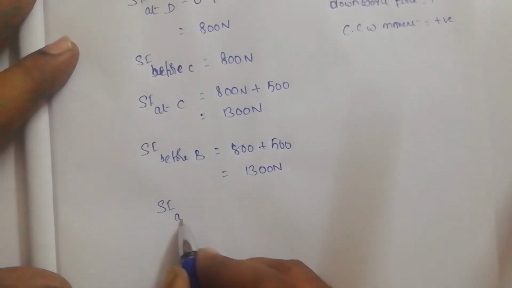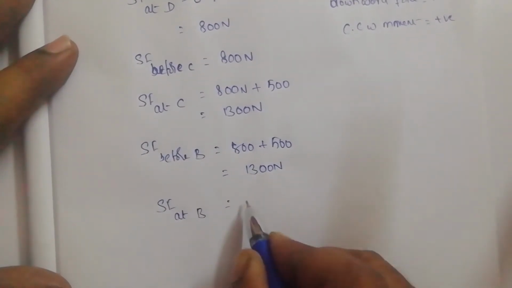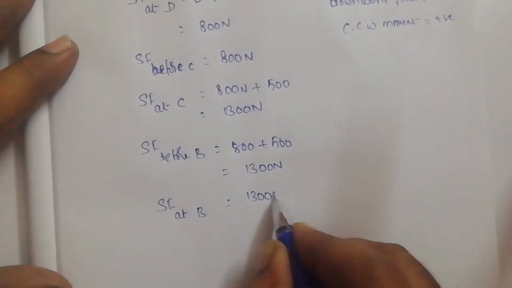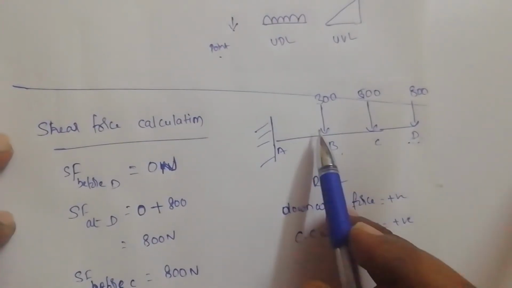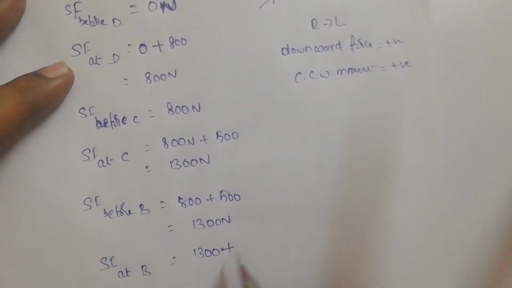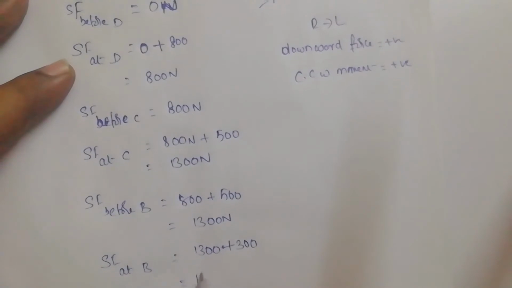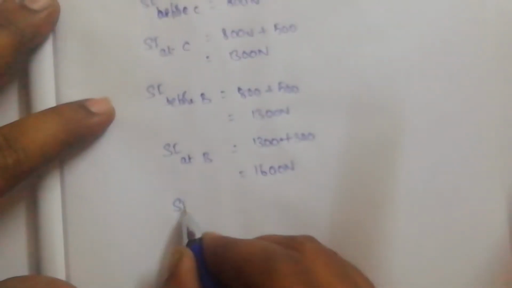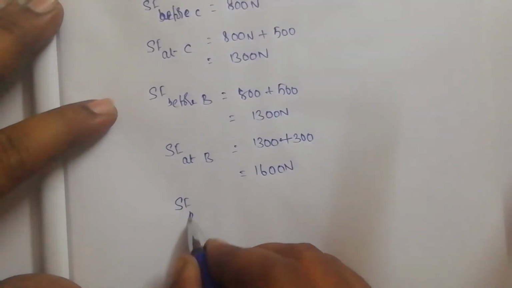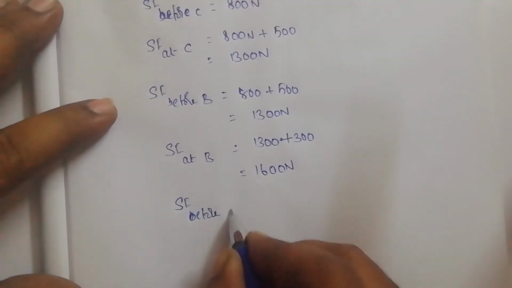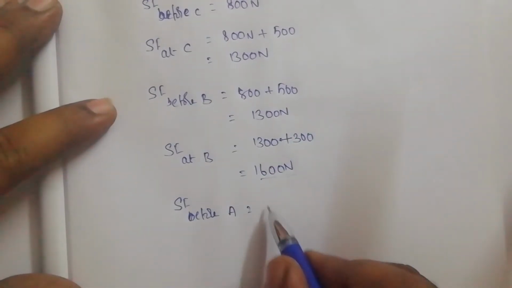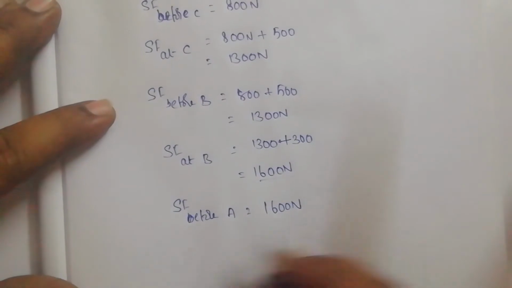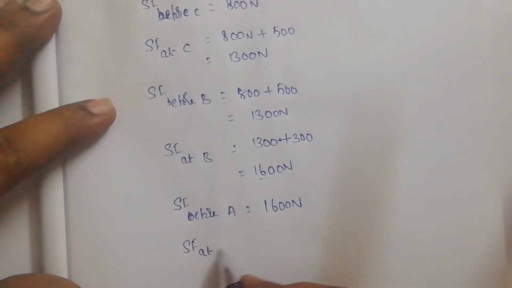Now shear force at point B is 1300 plus 300, because before this we already have 1300 newtons and there is a 300 load acting, giving 1600 newtons. Next is shear force before point A. Already till B we have solved, so this continues as 1600 newtons.